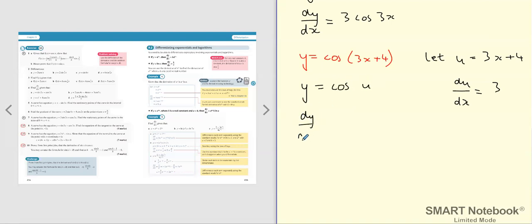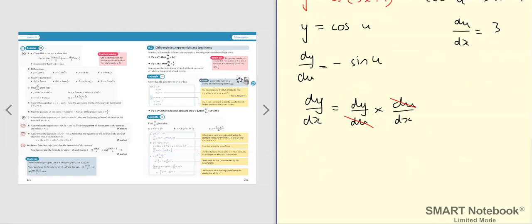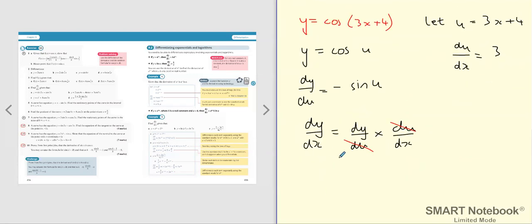So dy by du is going to be minus sine u. And the chain rule is simply that dy by dx is dy by du times du by dx, because what's really happening is that this du is going to cancel out, and that's why we're only left with dy by dx. But we can exploit that relationship now.